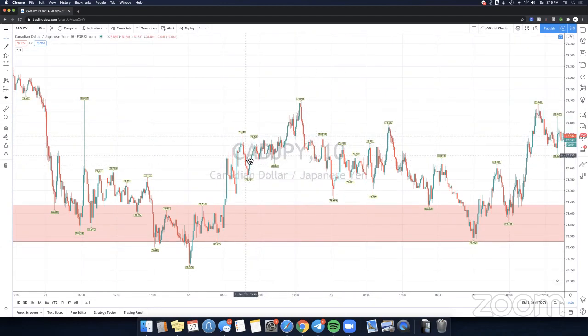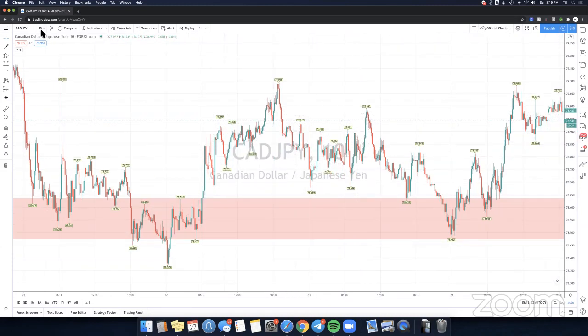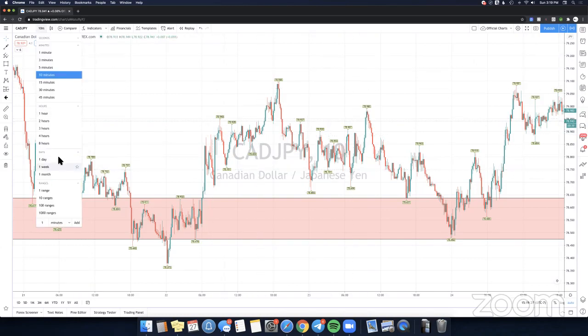You can see right here during the New York session from, let's say, 5 a.m. till 2 p.m. up here, there's a big movement. It's 50 pips. And then you go into Asia session over here and it starts to move slow and just go sideways. So it just really depends on what time frame and what style you trade.